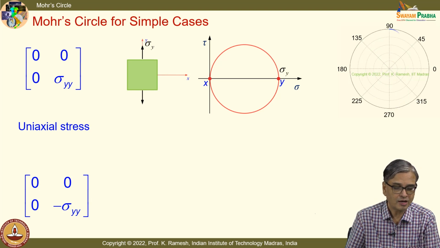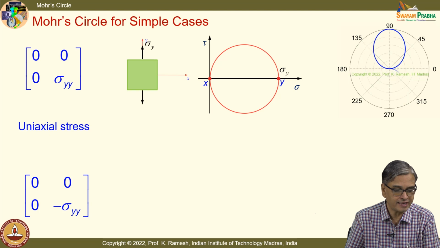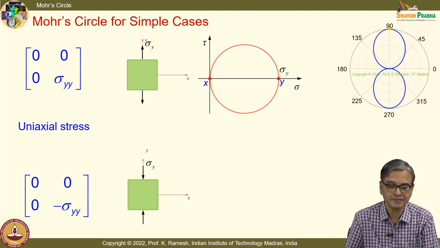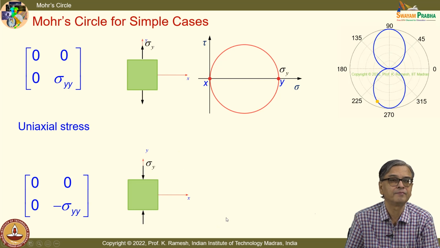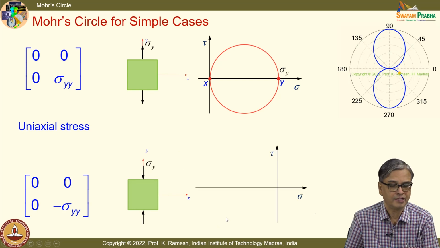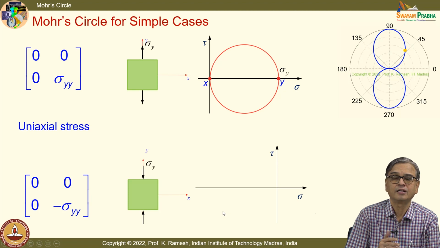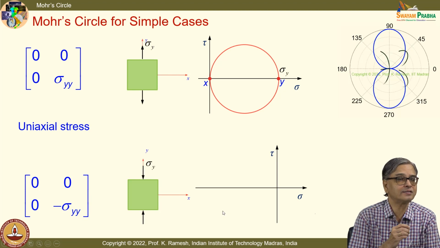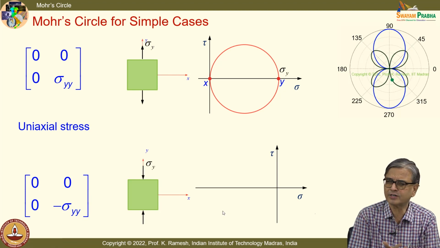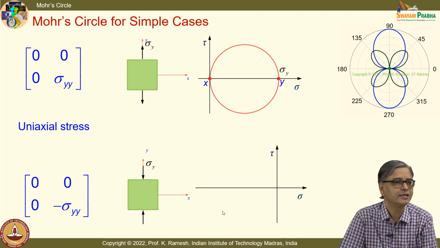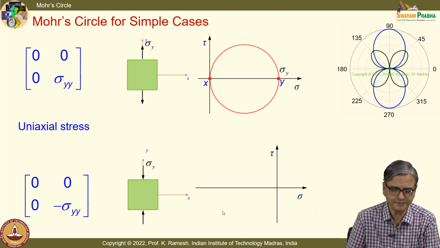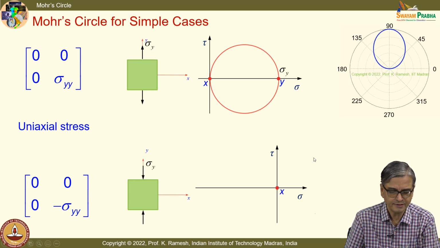So, how would I identify the x plane and y plane? I have the pictorial representation. Can you find out what is the x plane and what is the y plane? Straightforward. What you have done in the previous case, you have to extrapolate. In the x plane, everything is 0, so it coincides with the origin.